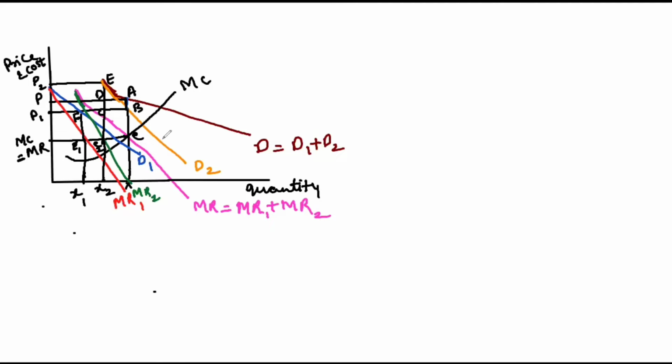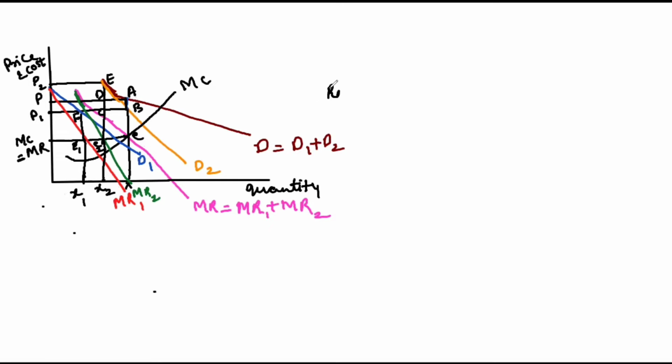And here we can see that when the monopolist tries to charge a single price, that is price P, this whole portion that you can see here represents the revenue which will be earned by the monopolist.